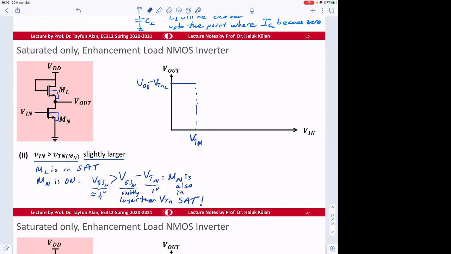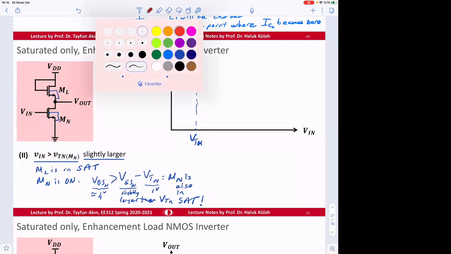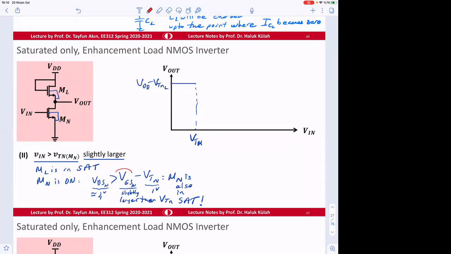If this is V in and this is V out, then when V in increases, V out will be decreasing.